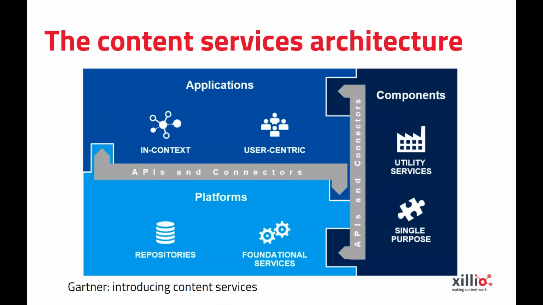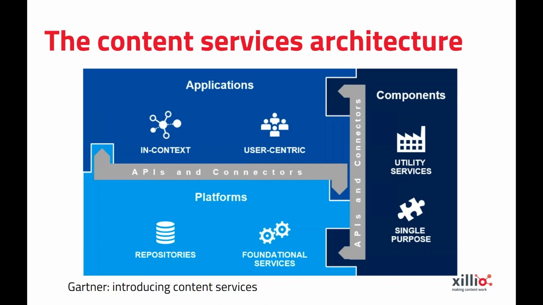And this is what Gartner introduced, this content services architecture. More and more I see organizations moving towards this for one business process or one user application. Not that they implemented this architecture fully for other content-centric processes, but I see more and more that these kinds of structures arise.